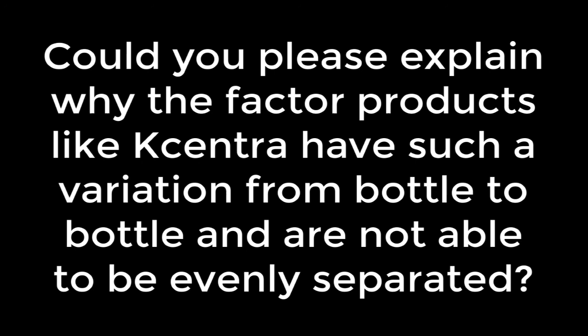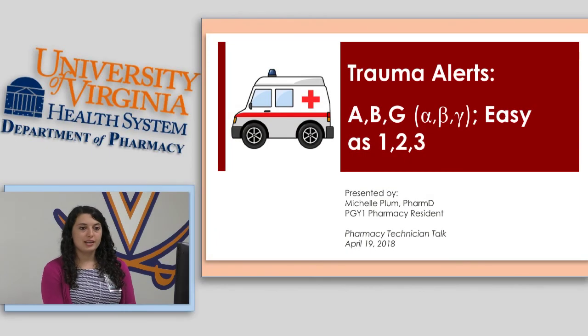So just because this is a human-derived product and not a medication that's just created in a lab, you're not able to actually determine by a certain weight how many units are in this and separate it out. They know how many units they have, and they put that in one vial.